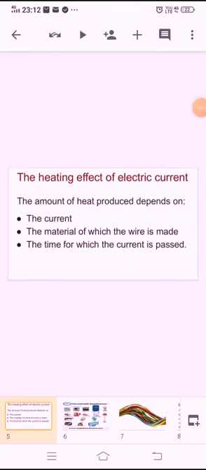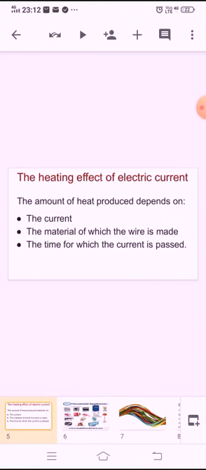When electricity is passed through a conducting material, some amount of the electricity is converted into heat energy. The amount of heat produced depends on the current or number of cells, the material of which the wire is made.